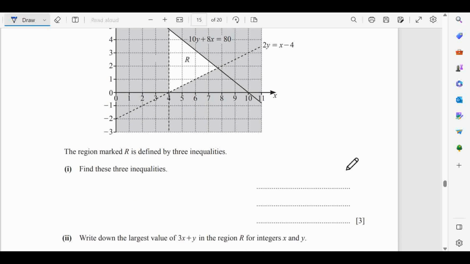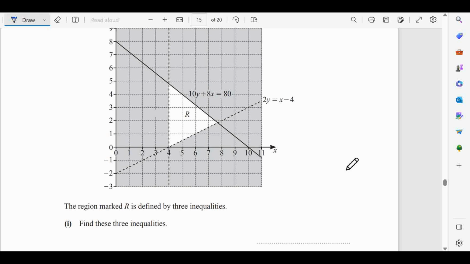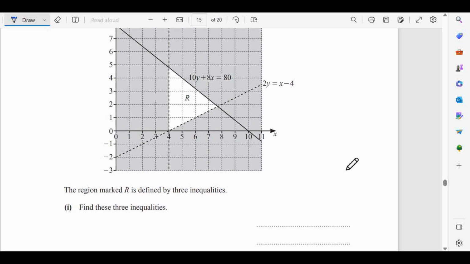Find these 3 inequalities. Now, we can also use the zero test. From here we know the equations. The first one, as the region is towards the right side, we can say that x is greater than 4. This will be the first inequality.